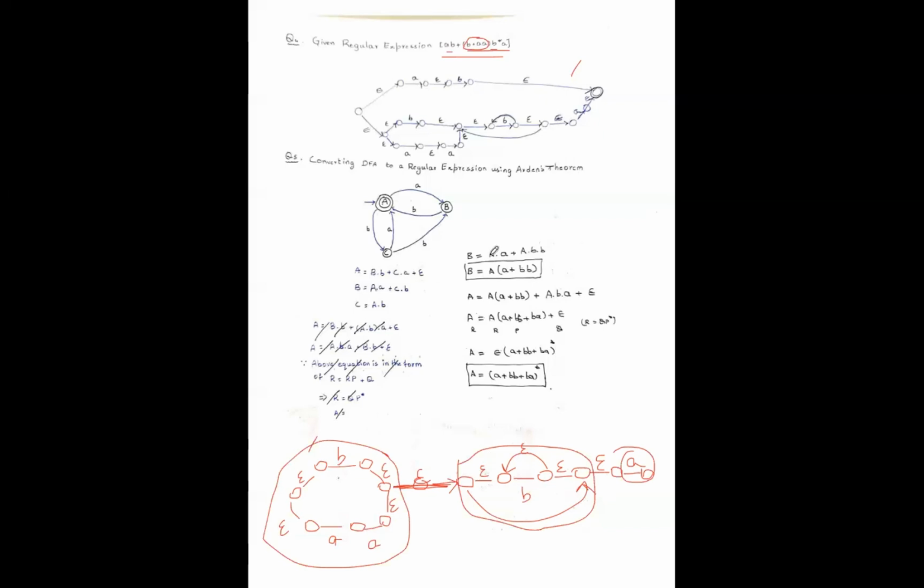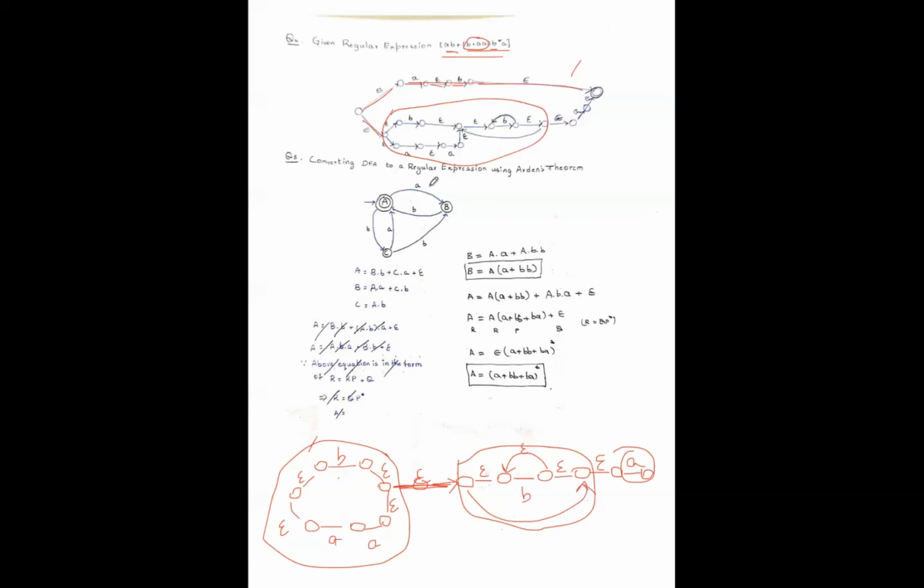So one is for A plus B, then A into B, then A star. After this, we need to add this complete result with A plus B. So here in this diagram, you can see this is A plus B. This is a notation. So we are adding this upper part with this lower one. So that is this term. So this is in the form of A plus B. This complete term becomes B.